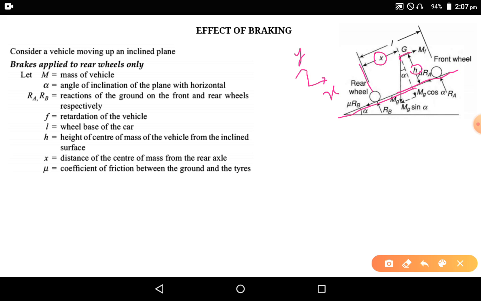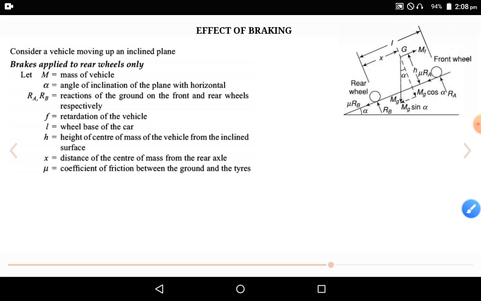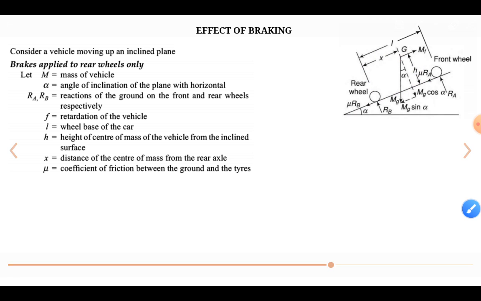So for the equilibrium of the vehicle, we can consider the summation of forces along x and y to be 0, right? So we will apply this equilibrium condition on all the wheels, and then we will see what is the value of the various forces acting on the vehicle.